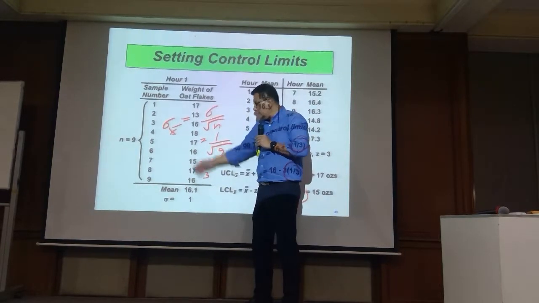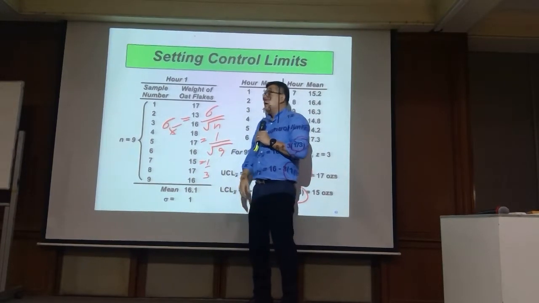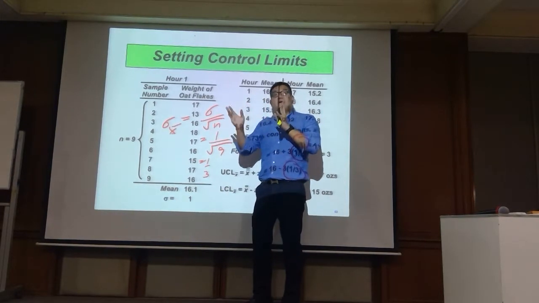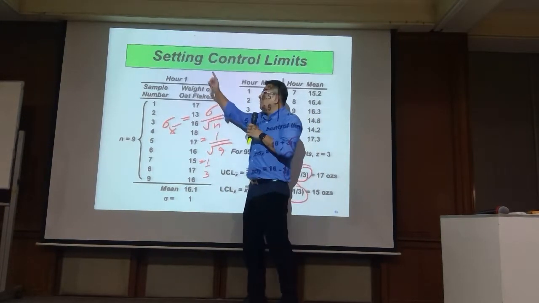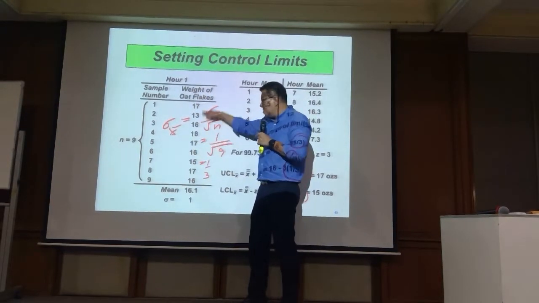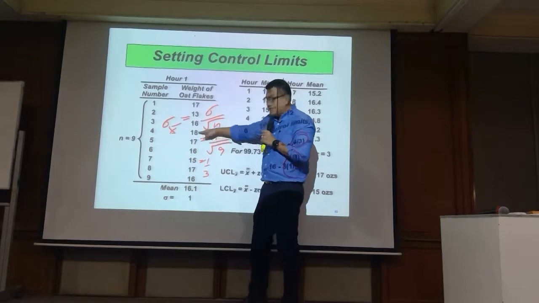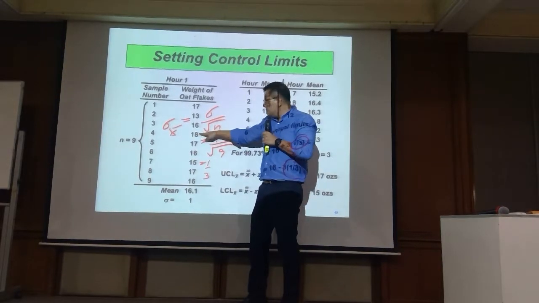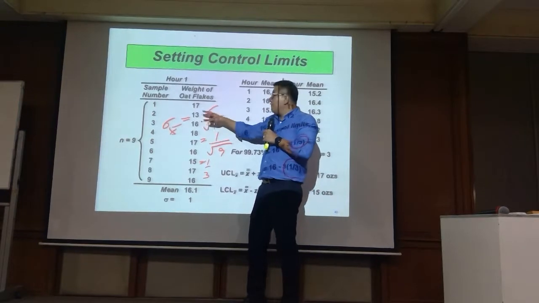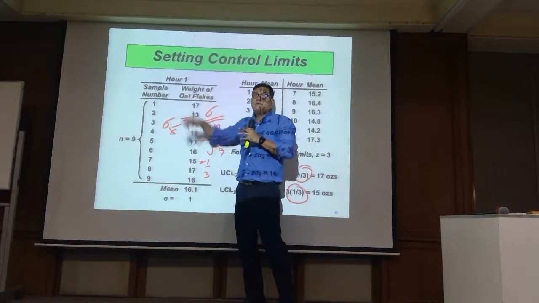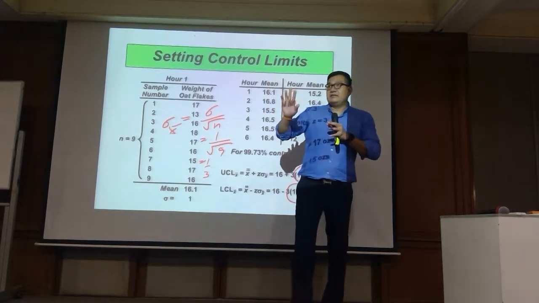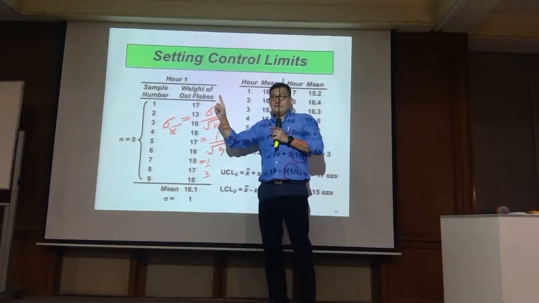We have the average, 16.1. R comes from range. Range is calculated from the maximum minus the minimum. So in this case, for the first hour, the maximum weight based on the 9 boxes that we sampled is 18. The minimum weight is 13. So the range of the weight for the first hour is 18 minus 13. We have 5. 5 is R1, right?